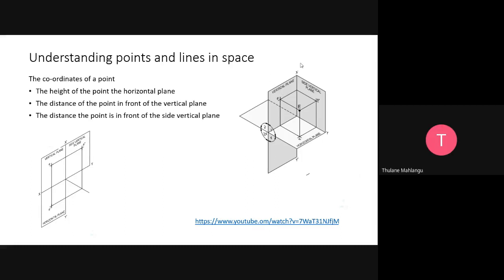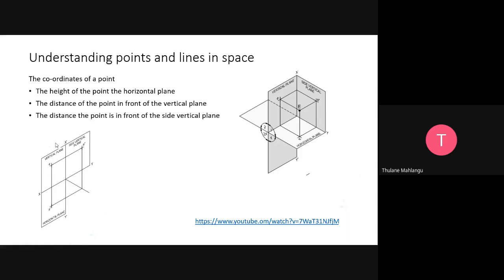The vertical planes in the pictorial view there are in gray, and then the horizontal plane is in white. So now the confusion starts from when you try transitioning from the pictorial drawing to the orthographic drawing. So on your left hand side, you can see there is an orthographic drawing.